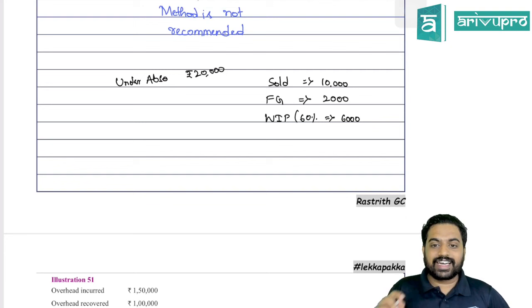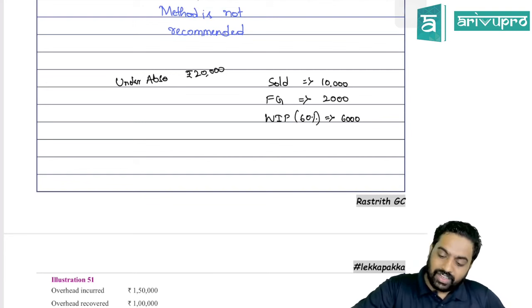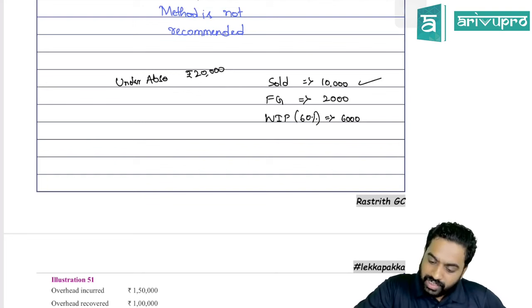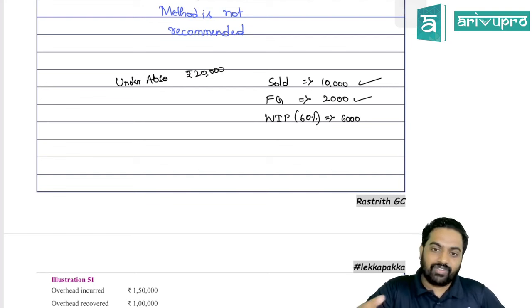Now how am I going to calculate the supplementary rate? See, 10,000 finished is 100%, 2,000 is 100%, but the WIP is not 100%. Now I have to find out the equivalent units.